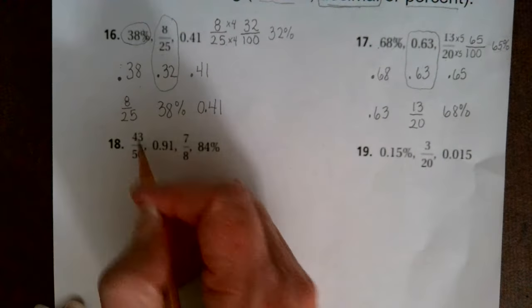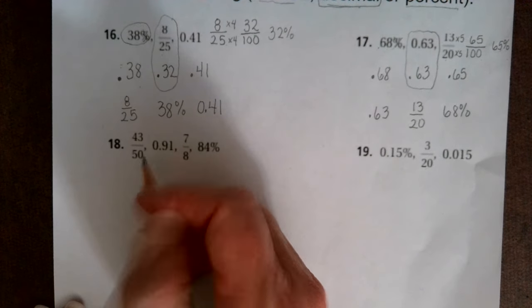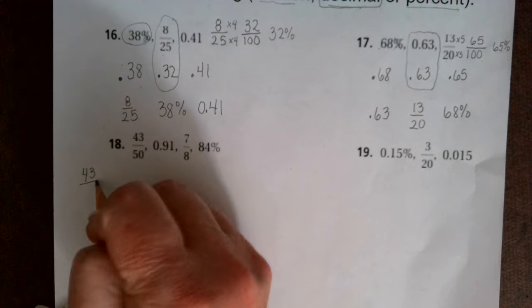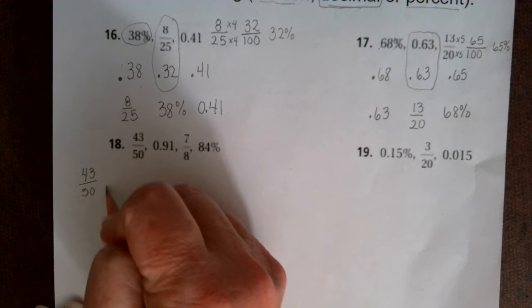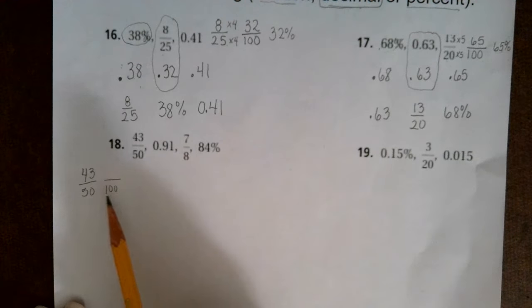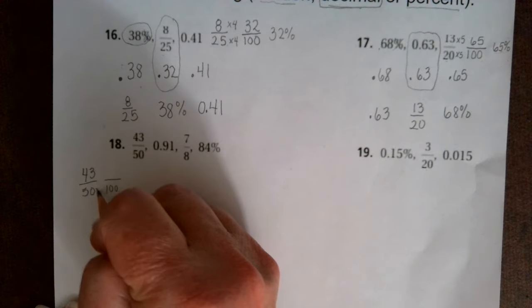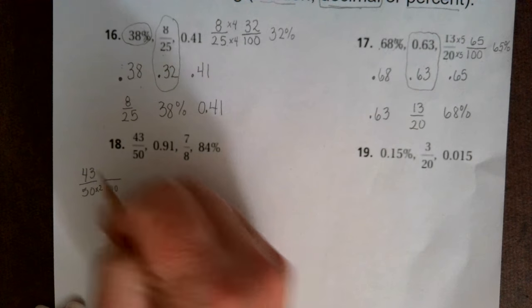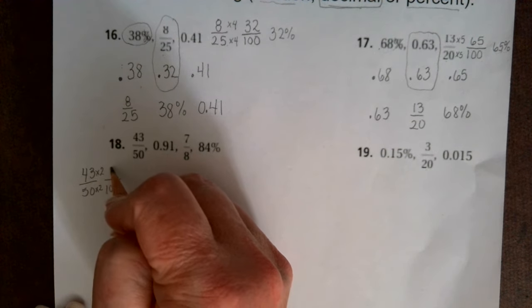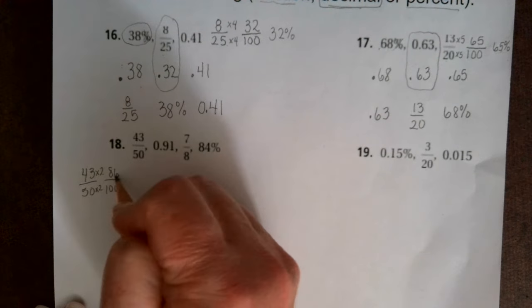Okay, I've got 43 over 50, and if I'm changing that to a decimal, I want to change it to hundredths. So 50 times 2 would give me 100, and 43 times 2 would be 86.